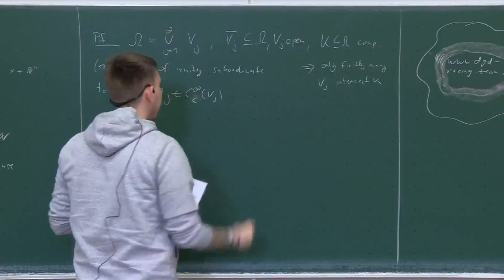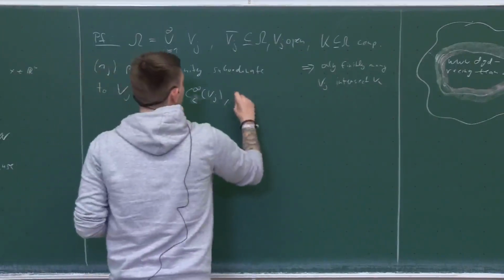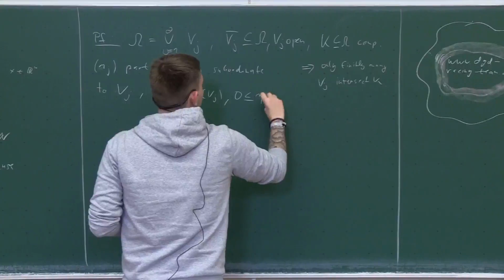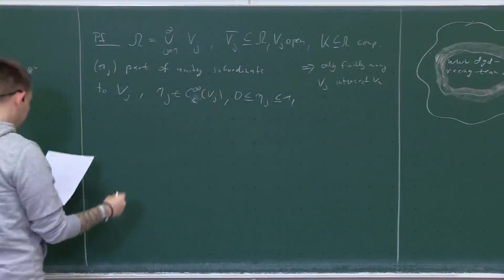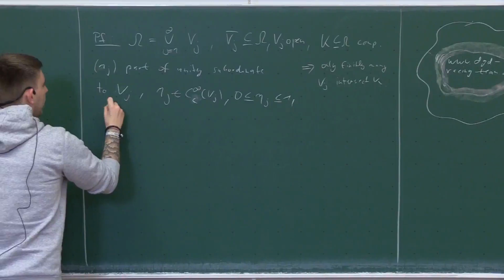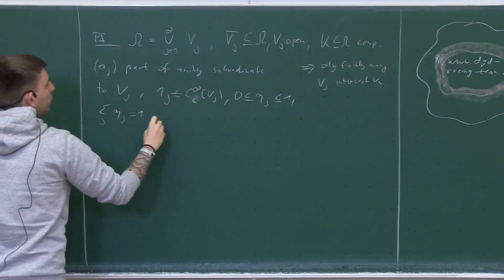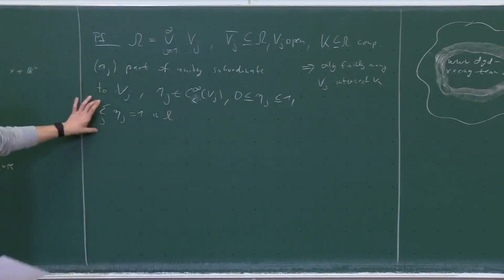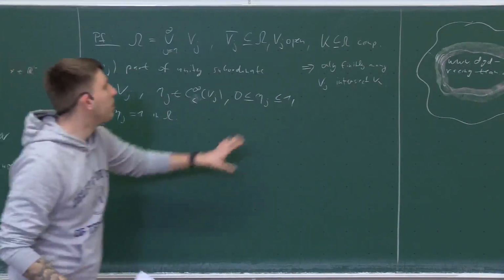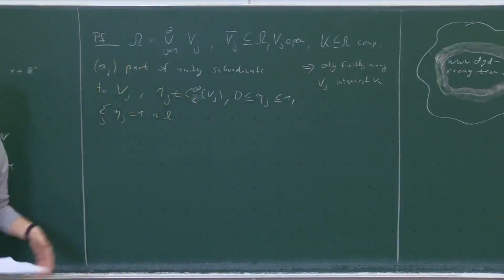We have that they all have ranges between 0 and 1. And we want to have that the sum over j of eta j is equal to 1 in omega. This sum makes sense because we have these overlap properties of Vj, but they also should sum up to 1 in any point.